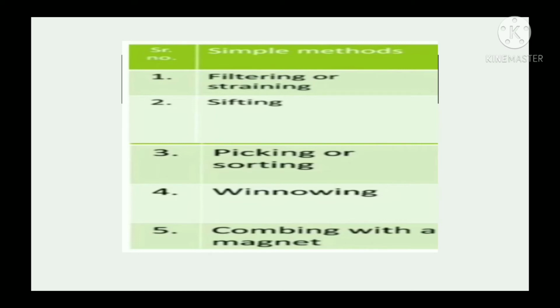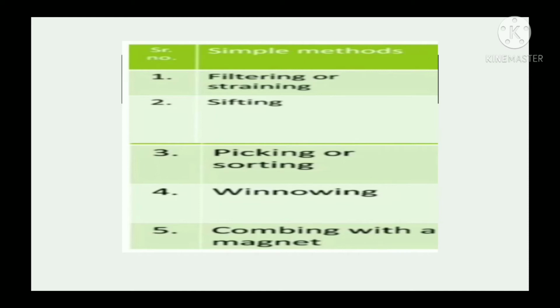Winnowing: the substances which are very light in weight, and those that are unwanted, are removed from the mixture, like the grains in the farms are cleaned by the process of winnowing. A simple example, you can take the coating of peanuts, which is very light, so we can separate it by winnowing.